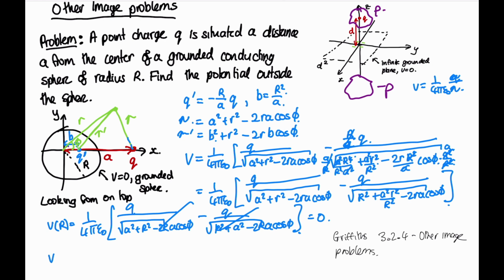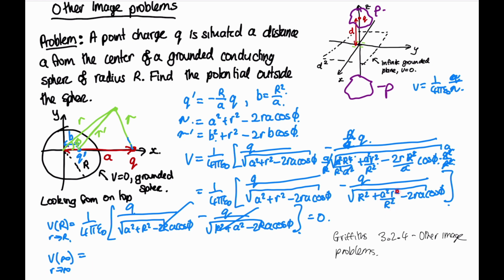The other boundary is going to be at infinity. So this is as r goes to infinity, whereas before it was as r went to R. You can see as r goes to infinity, this first term is going to blow up to infinity, so we're dividing by infinity, and this term will go to 0. The same thing is going to happen here.